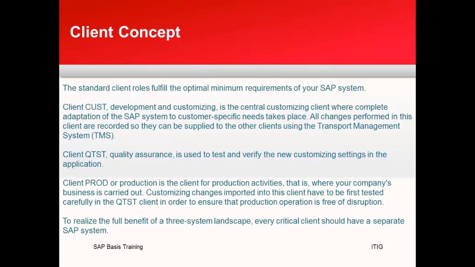Customizing changes imported into this client have to be tested carefully first, to ensure that production operation is free of disruption. To realize the full benefit of a three-system landscape, every critical client should have a separate SAP system. There are also other clients, like sandbox, test and training.